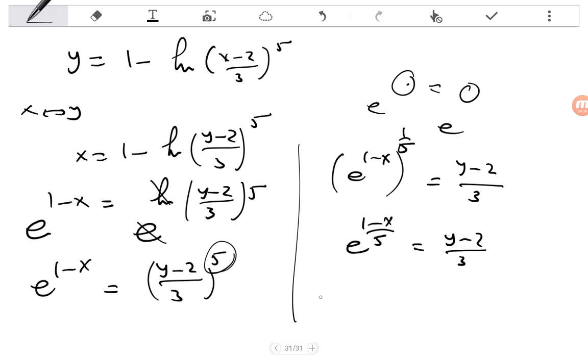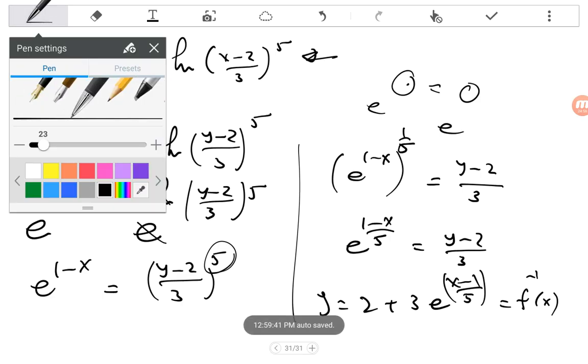So in this case, y, or the inverse function, will just be 2 plus 3e to the power (x minus 1) over 5. Okay, so that is the inverse function of that one.